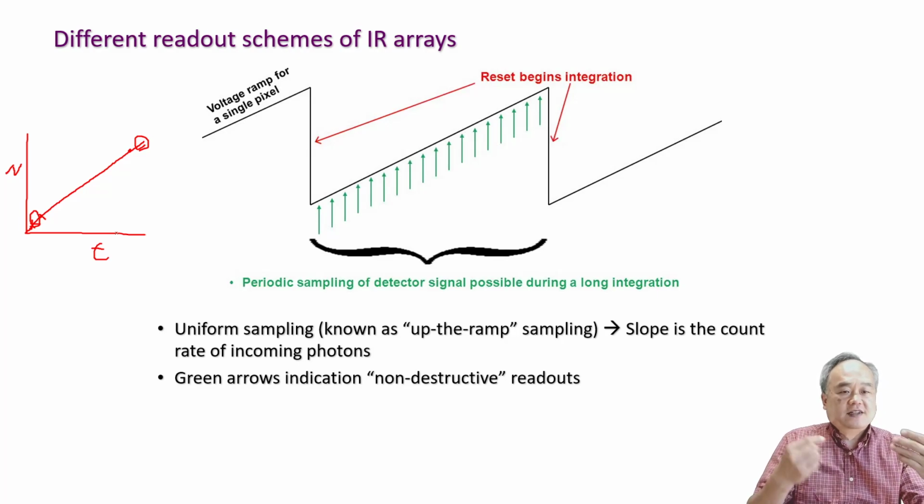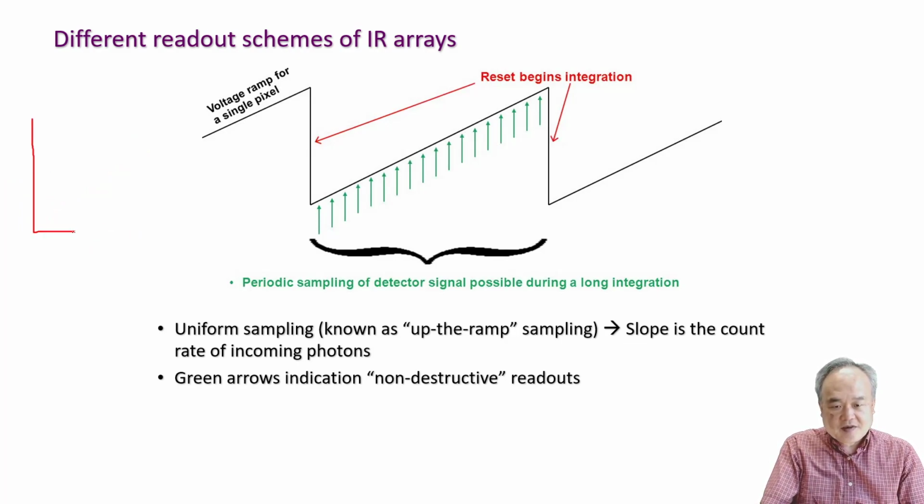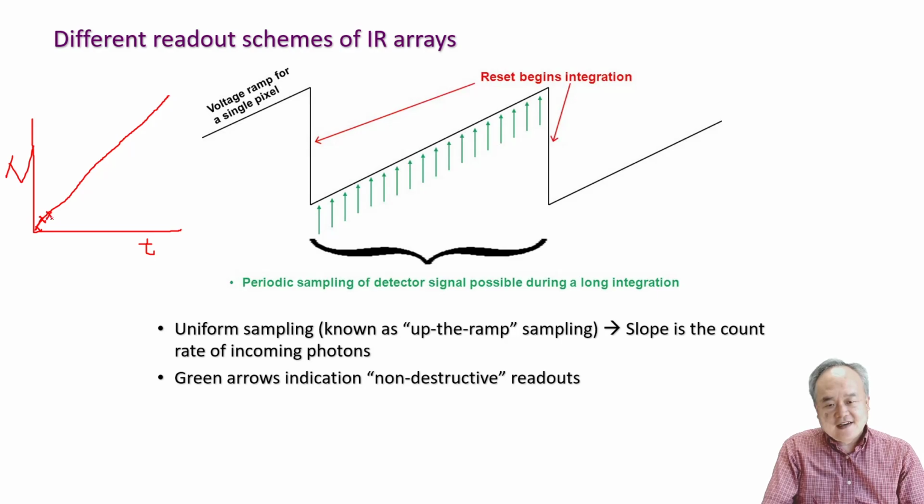But oftentimes a single measurement is subject to a variety of noise. So instead of a single measurement, with T and N and this accumulation, you take a series of measurements in the beginning, like these 3, and take the slope or median combine them to produce the initial level.